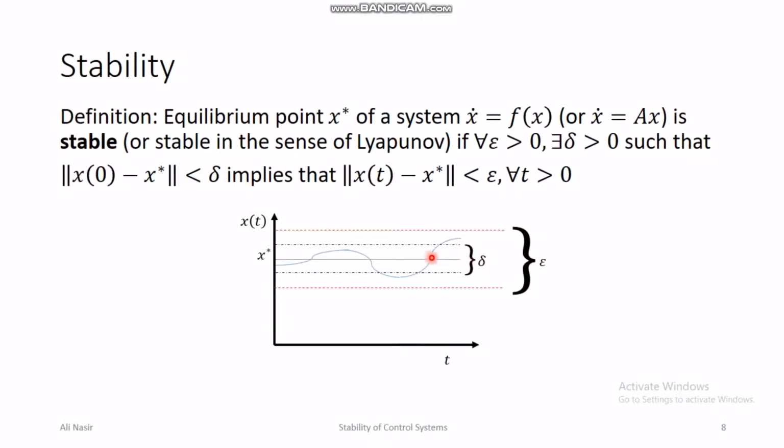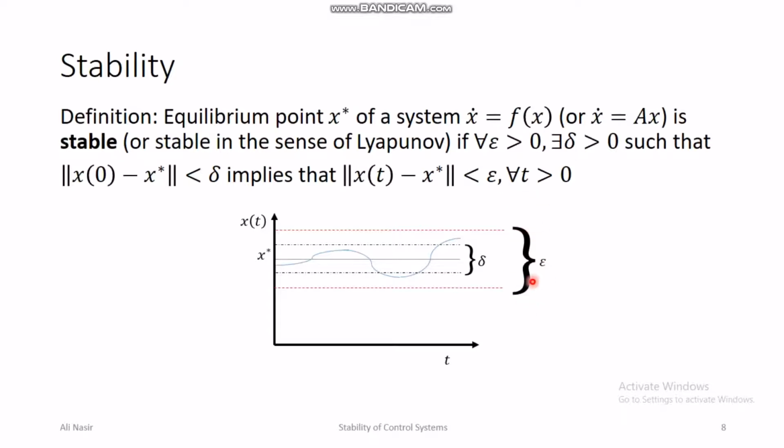So if you start within the delta neighborhood, you should be guaranteed to stay within epsilon. So for every epsilon, no matter how small the epsilon is, there must exist a corresponding delta, so that if you start within delta, you stay within epsilon. So this is the requirement of stability, and if you want to calculate the stability of a system using this definition, then you have to test all possible epsilons, and all possible epsilons are infinite.